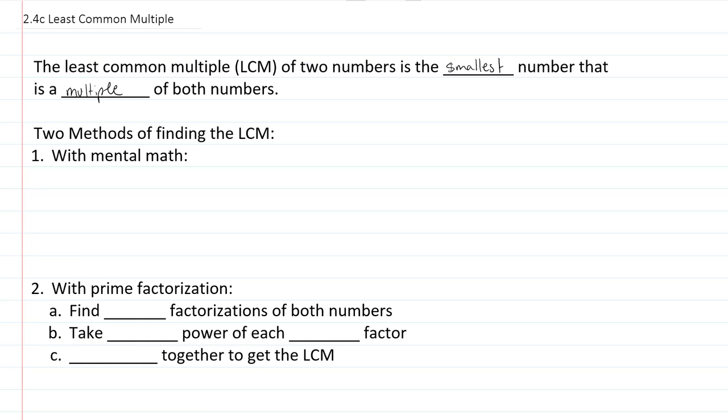And how we use mental math is we list multiples of each number and look for the smallest number that is on both lists.